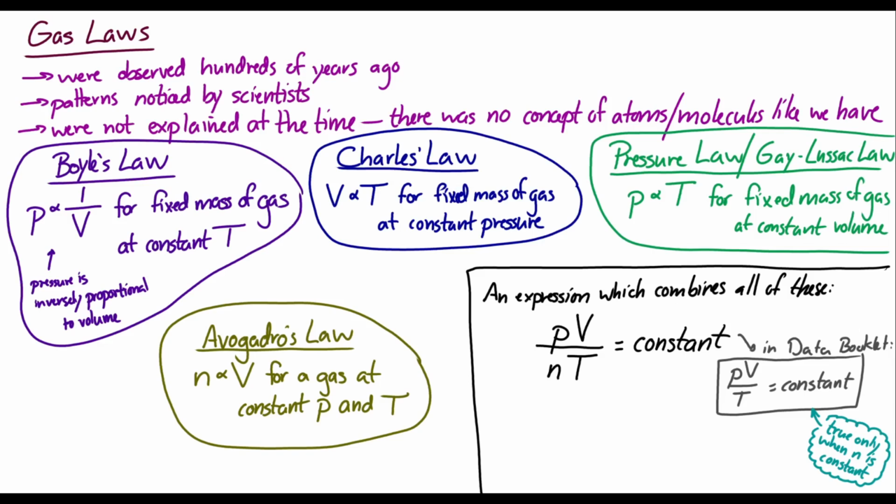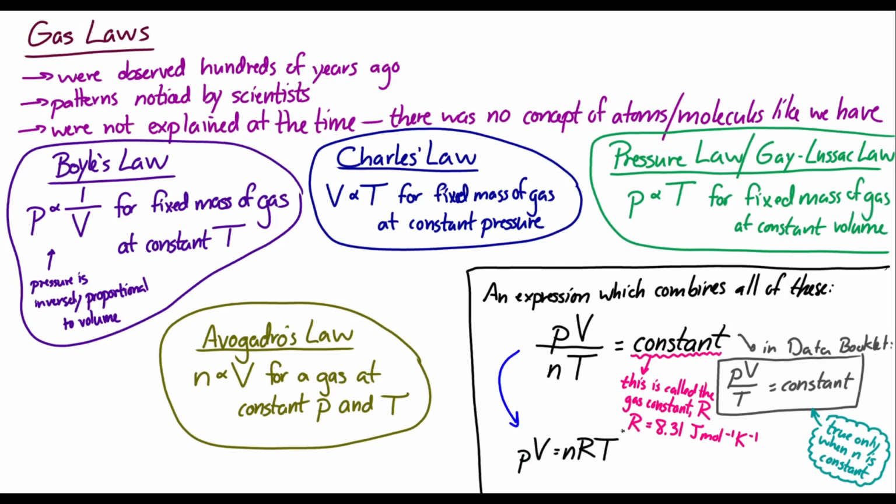It turns out that the constant that this is equal to is called the gas constant, capital R. This is a constant that's given in your data booklet. It's equal to 8.31 joules per mole per Kelvin. So we can rearrange this now. If we do, we get that PV equals nRT. It's called the equation of state for an ideal gas. Sometimes it's also called the ideal gas law.